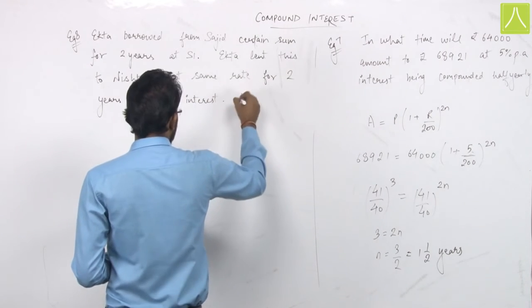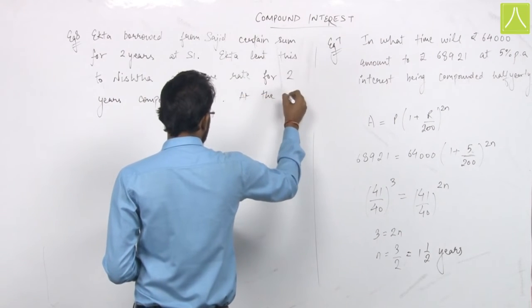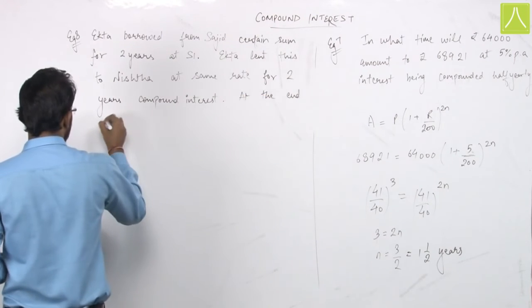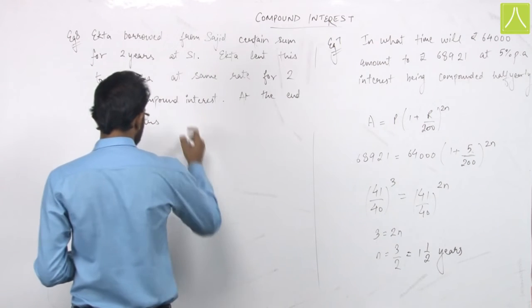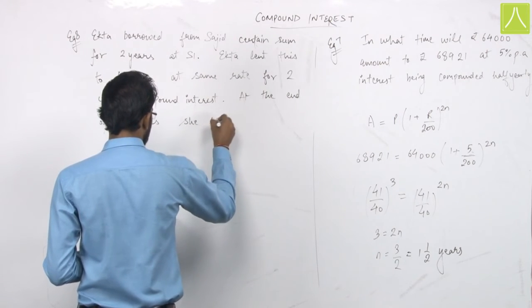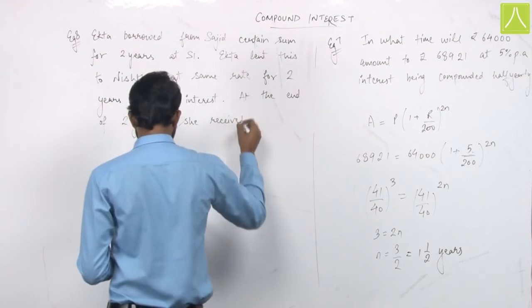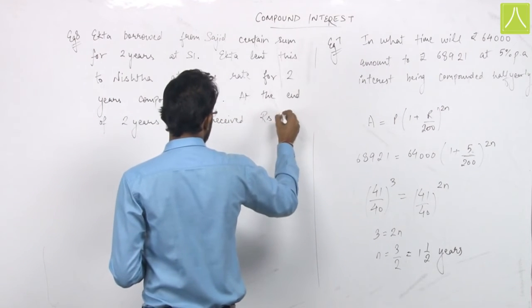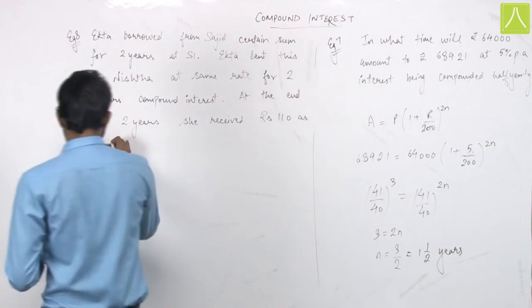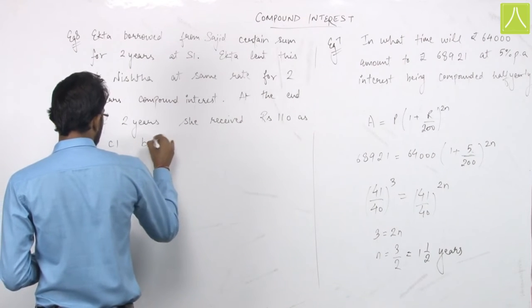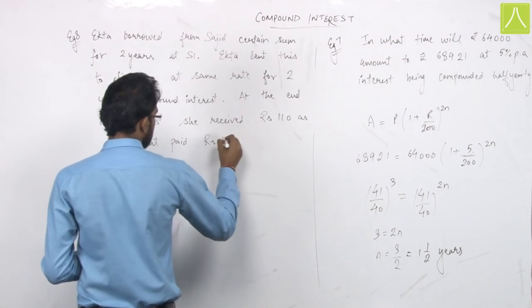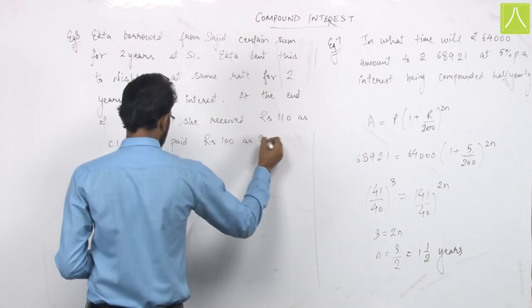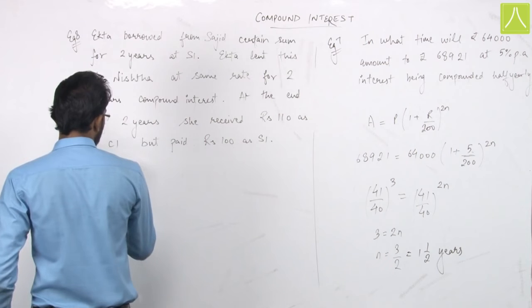At the end of 2 years, she received rupees 110 as compound interest but paid rupees 100 as simple interest. Find the sum and rate of interest.